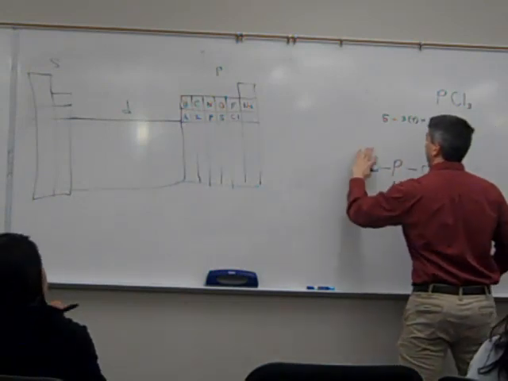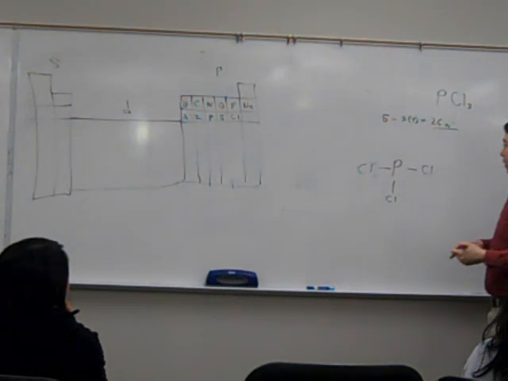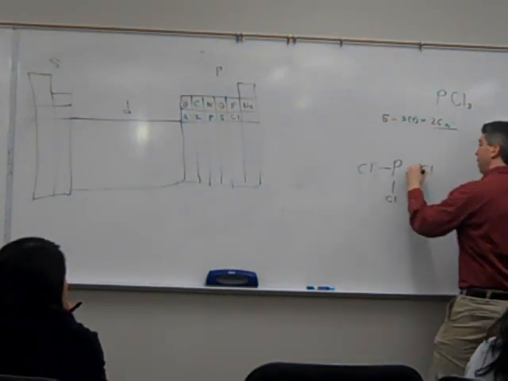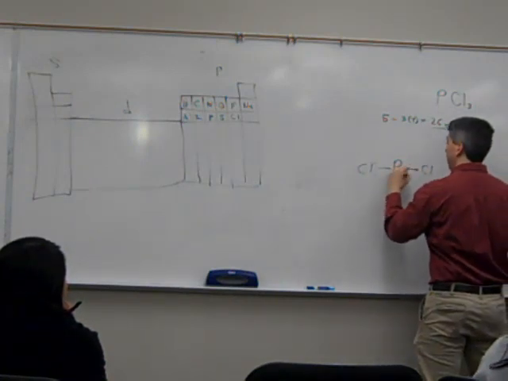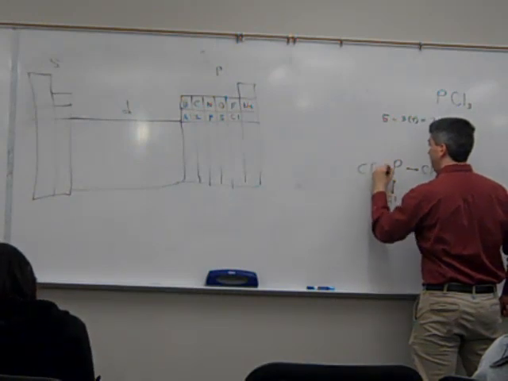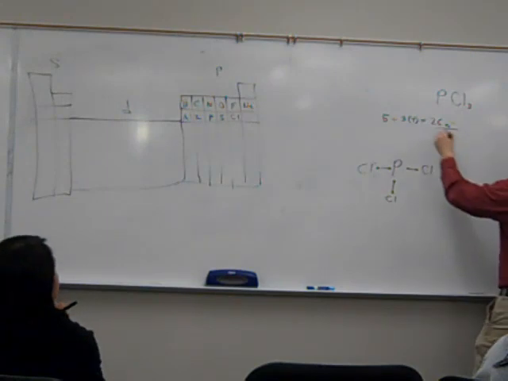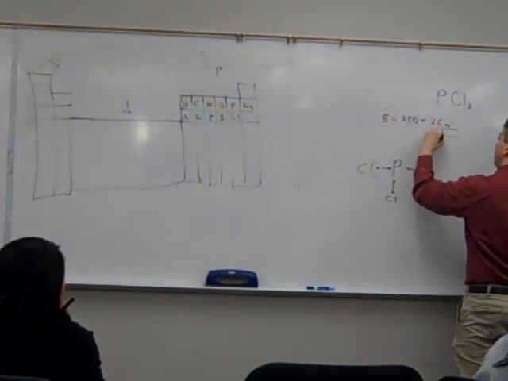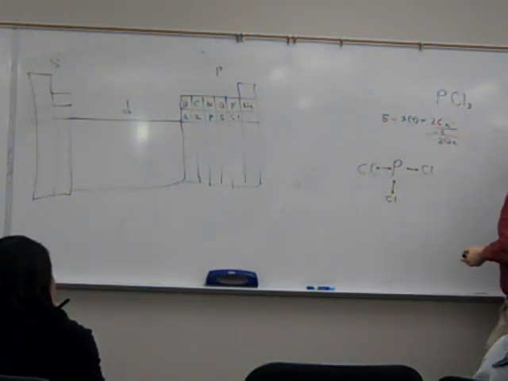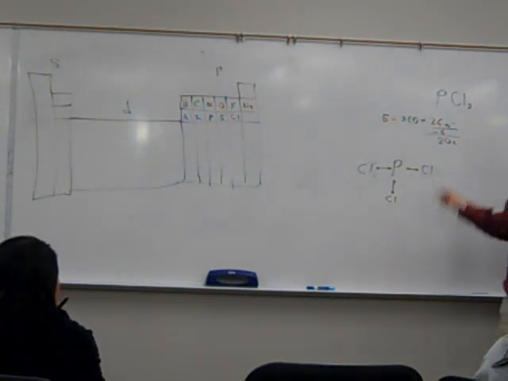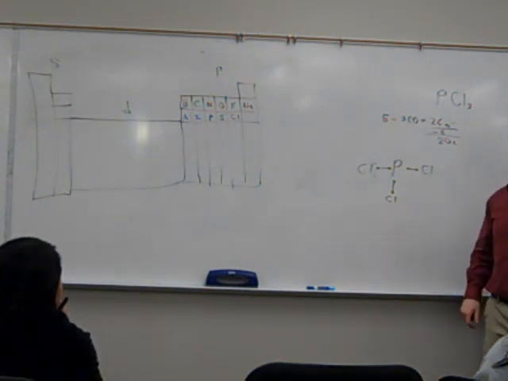Now, before I start throwing on electrons, each line here is a bond, which means it's a shared pair of electrons. So how many electrons have I used up so far? 6. So I take away 6, I have 20 electrons left. I'm going to place my remaining electrons in pairs, not one by one.